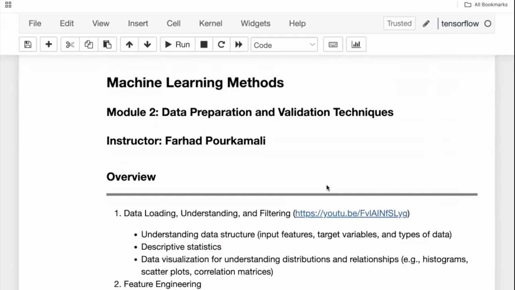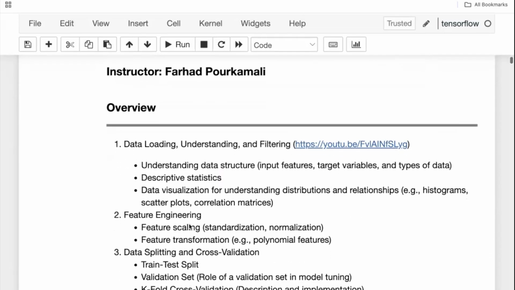Hello everyone. In this video, we discuss feature engineering. Feature engineering is the process of transforming raw data or raw features into meaningful features that improve a machine learning model's performance. Techniques like normalization rescale data to fit within a specified range, ensuring consistent contributions from all features during training.